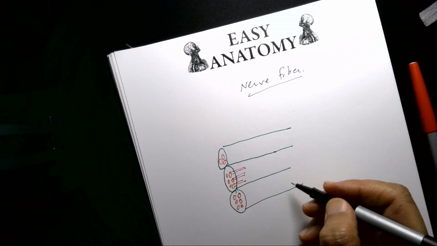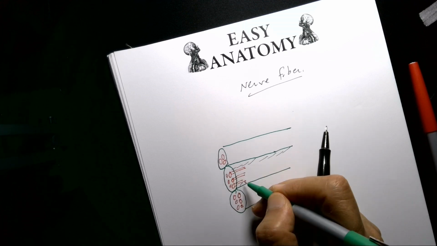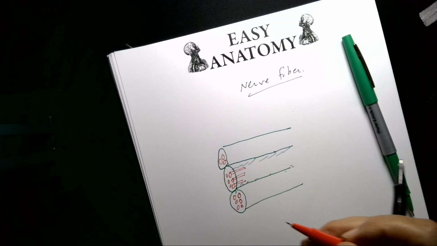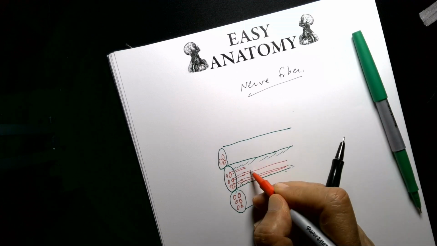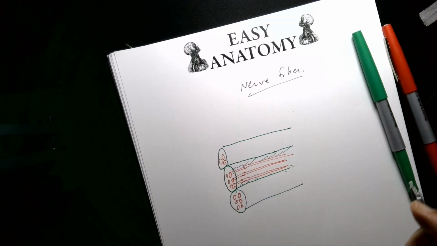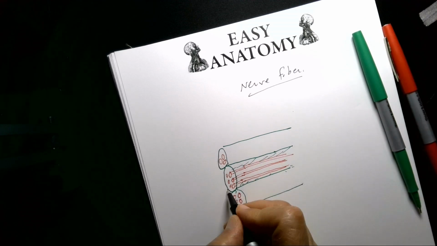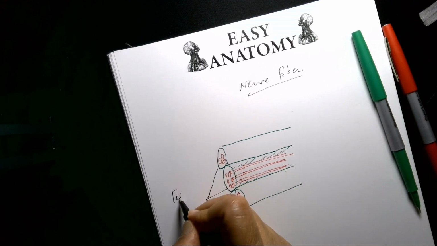So the green one, the fasciculus, and these are the axons extending through it. So you will see multiple axons. The green, we call it fasciculus.